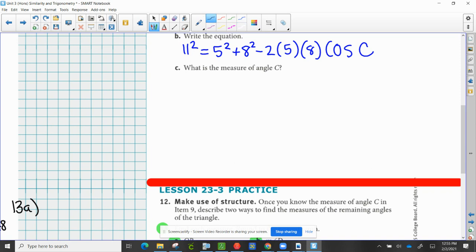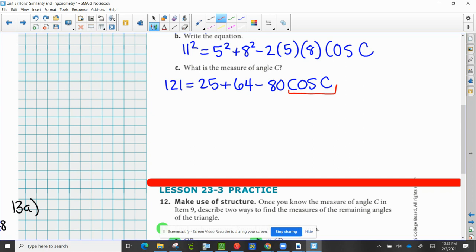So let's simplify this a little bit. We know 11 squared is 121. Okay, 5 squared is 25, and 8 squared is 64. Okay, 2 times 5, that's 10. So times 8, that's going to give me 80. Now again, the goal is to solve for C. So I need to get this cosine C by itself.